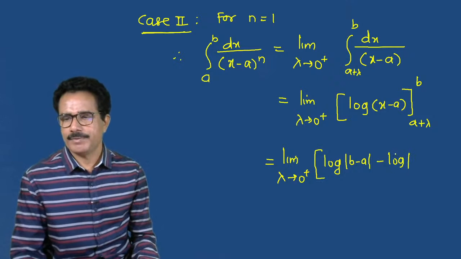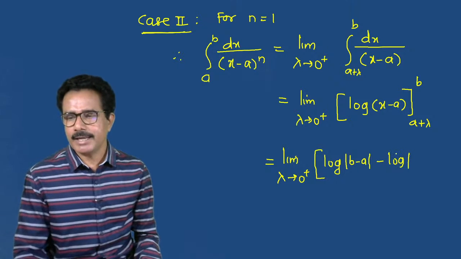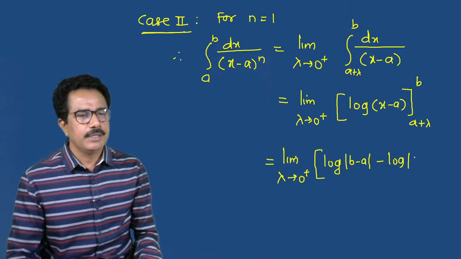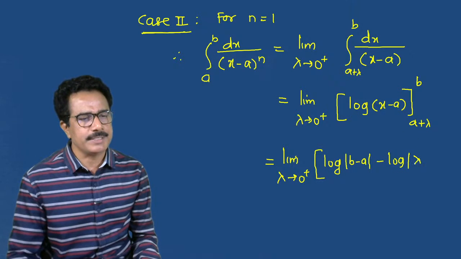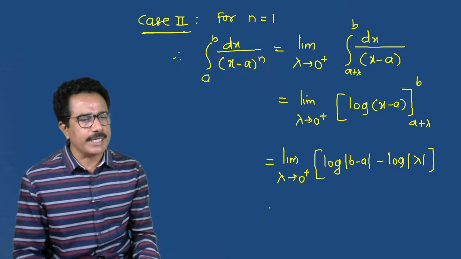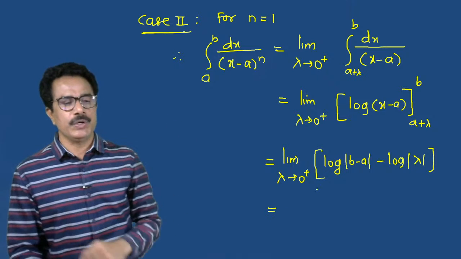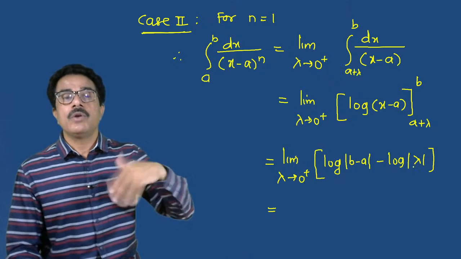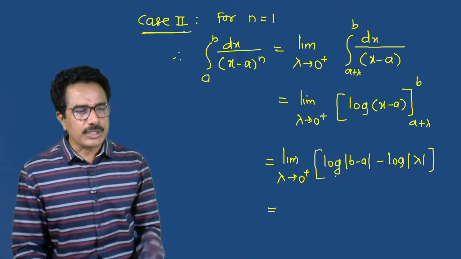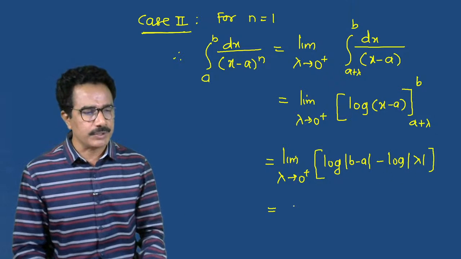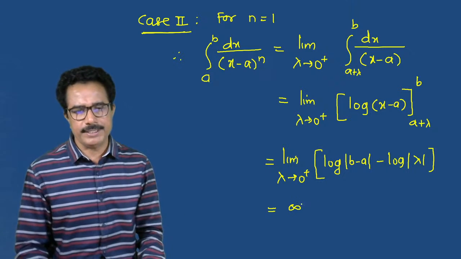Now put the lower limit, that means lambda. Now if lambda tends to 0, then log of lambda means log of 0, log 0 goes to infinity, so log of b minus a minus log 0 means infinity, which gives as a result infinity.